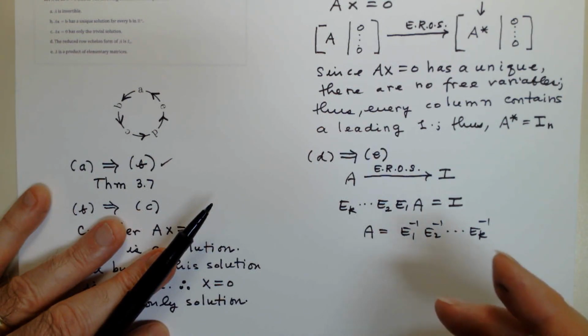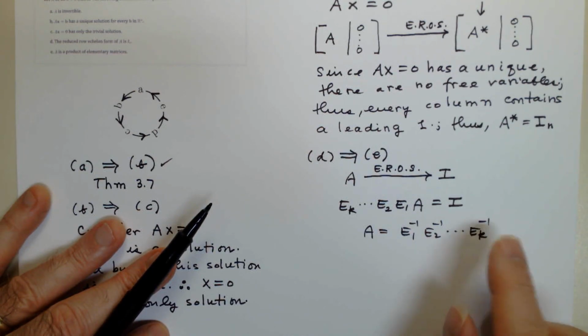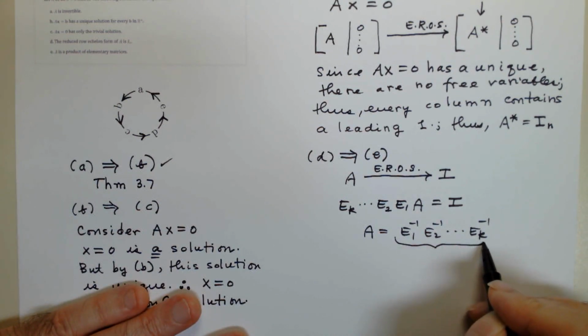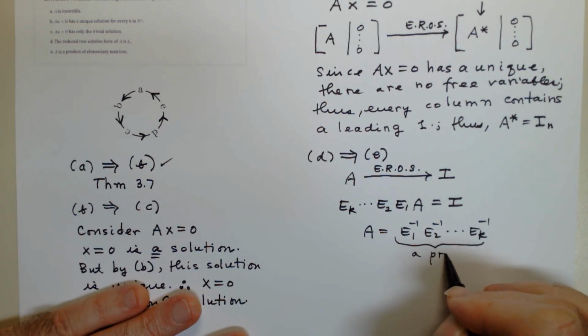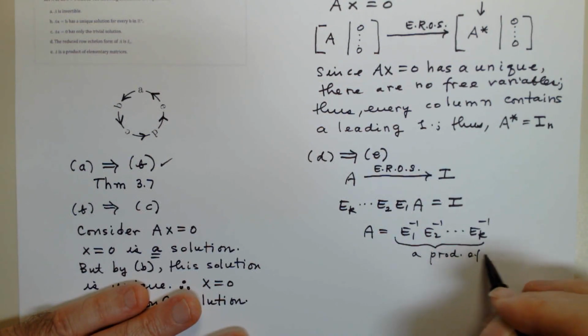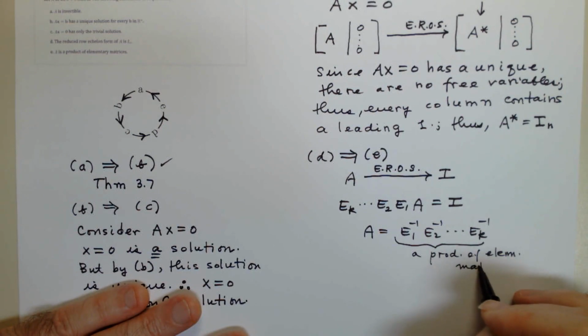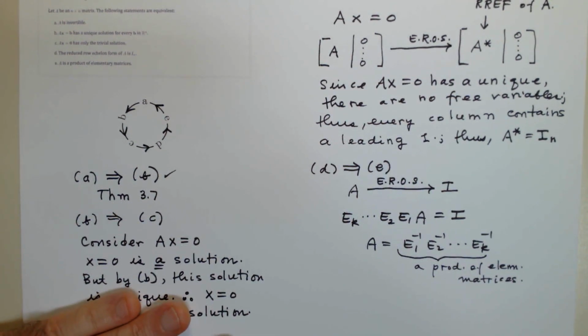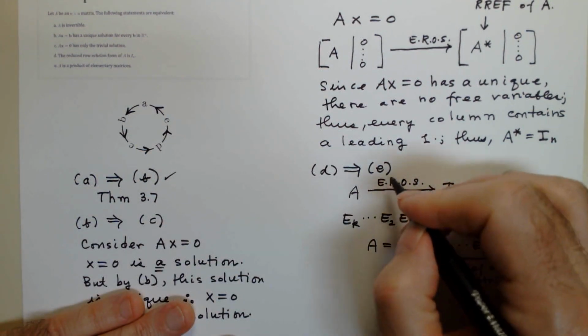E2 inverse is an elementary matrix, and Ek inverse is an elementary matrix. And so this is, in fact, a product of elementary matrices. Okay, so this is just like that problem we just worked. All right, so D implies E.